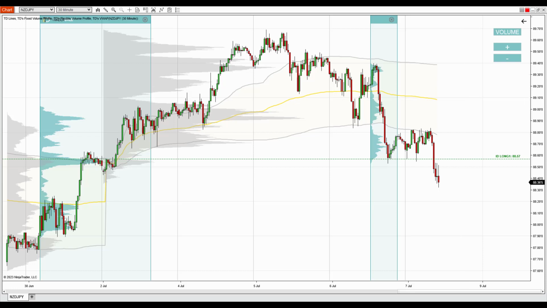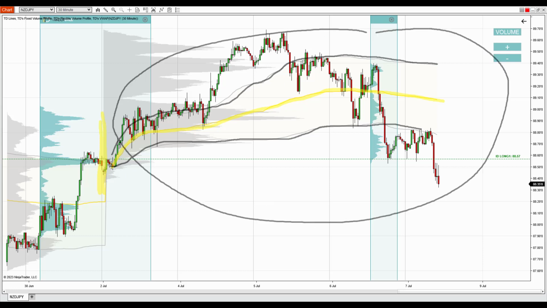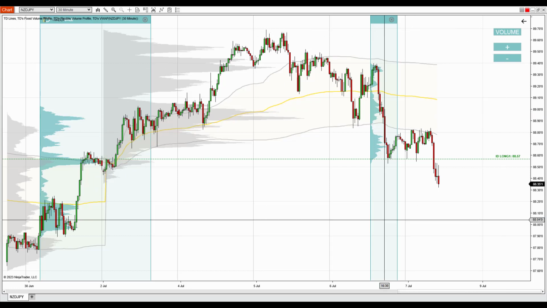So this yellow line is the weekly VWAP, anchored at the beginning of this week. And very importantly, those gray lines are first deviations of this weekly VWAP. It's important that this is a weekly VWAP. That's my preferred VWAP for my intraday trading.